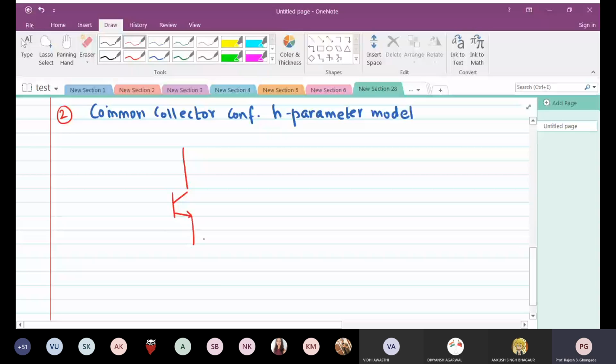It is drawn in a slightly different way, but you can correlate those things very easily.